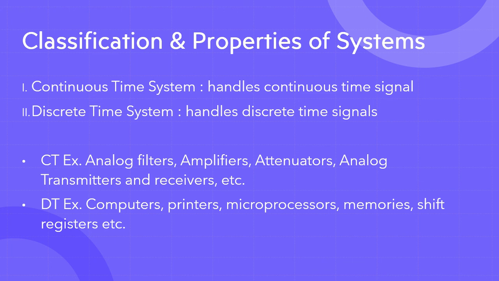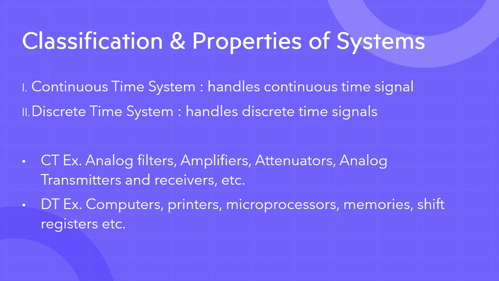So again, we have mentioned the examples of continuous time systems and discrete time systems. Let's get back to them. What are some examples? For continuous time systems, we have analog filters, amplifiers, attenuators, different types of analog transmitters and receivers, and analog antennas.